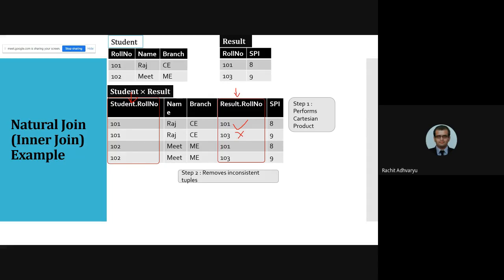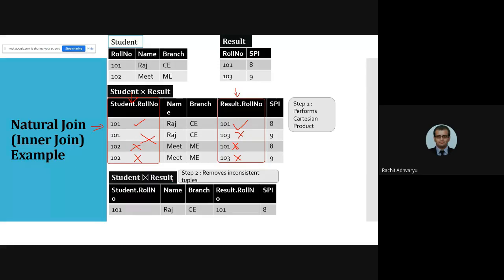Then 102 and 101, but 102 is not part of the second table, so we are not going to consider this, right? Then 102 and 103 completely mismatch, so we are again going to discard it. So we are going to consider only this row. That is the output of the second step.